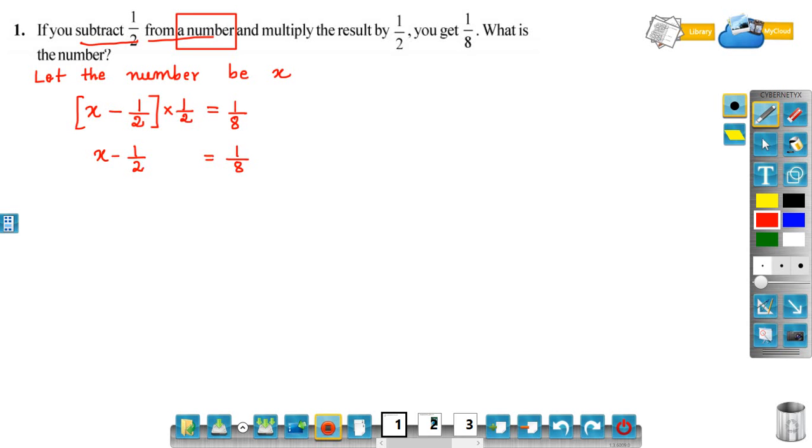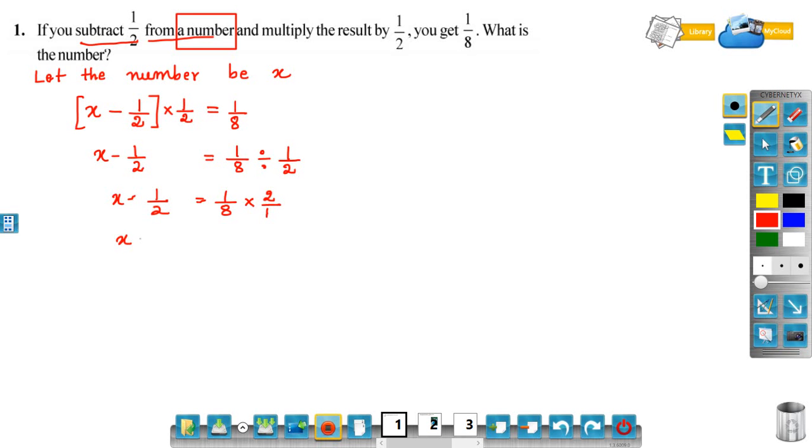It is into half here, so that becomes divided by half. So x minus 1 by 2 is equal to 1 by 8. While dividing the fraction, take the reciprocal of the second one. 1 by 2 becomes 2 by 1, then multiply.